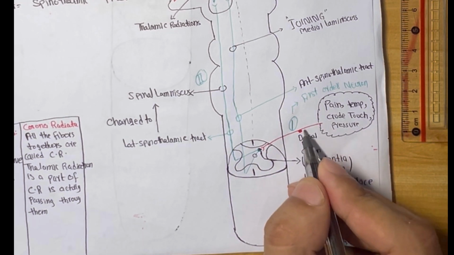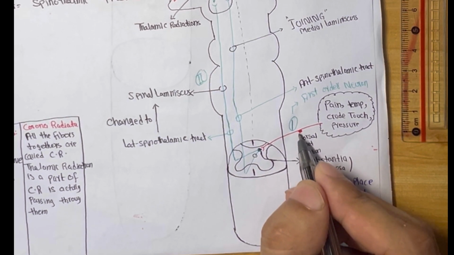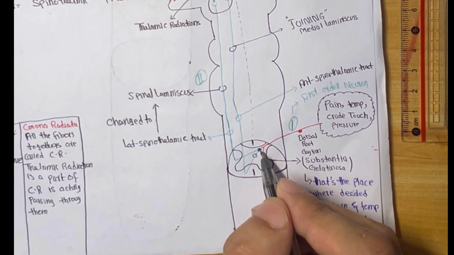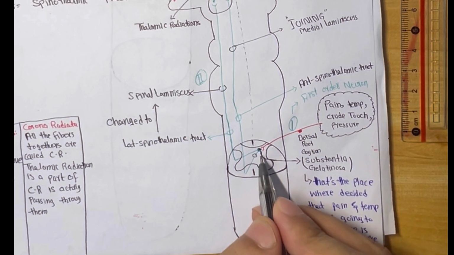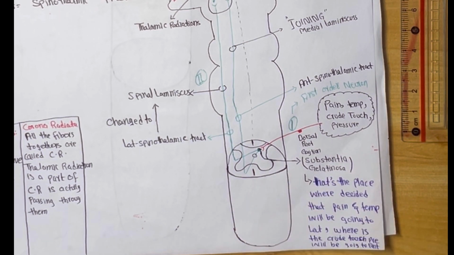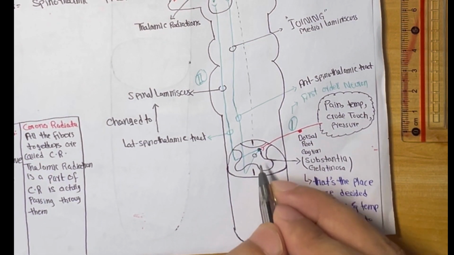This is the sensory nerve, and this one is the dorsal root ganglion. After the dorsal root ganglion, the sensory nerves come in here. This is a very important place, a junction. This is called the substantia gelatinosa.